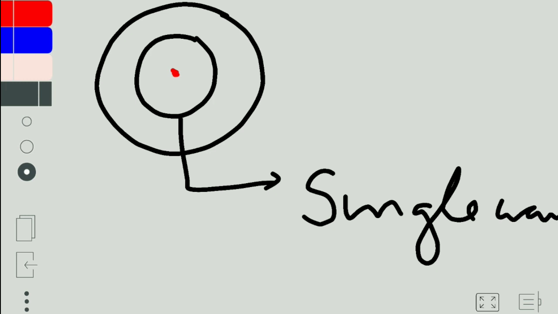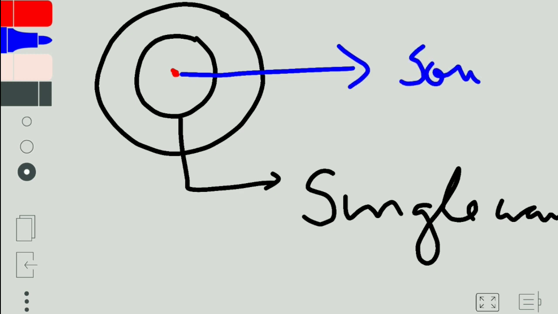Sound expands in a sphere, in all directions. Suppose this is the source, and the source is not moving.